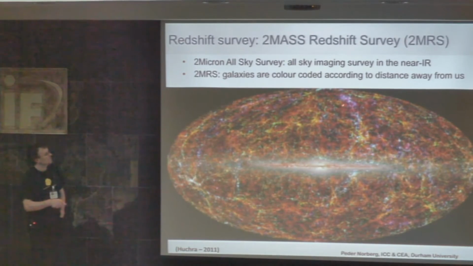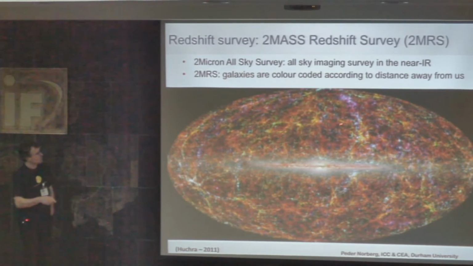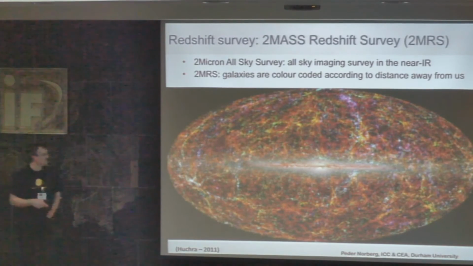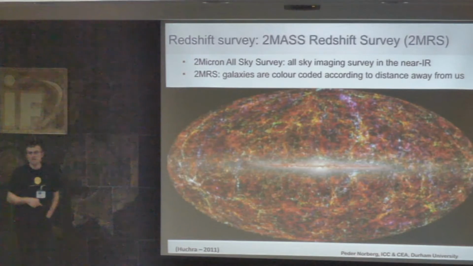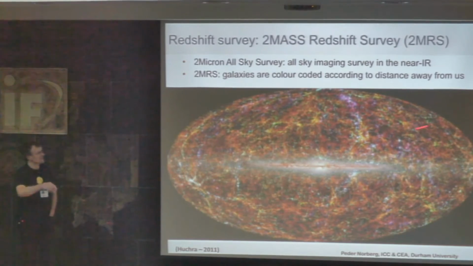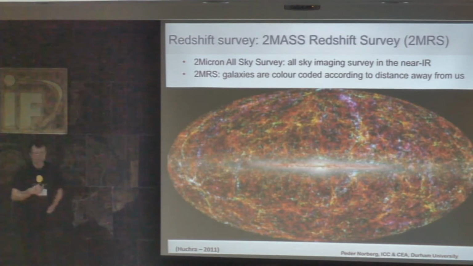Here they have been color coded according to how far away they are from us. And you can see the structures coming up in here, with the galaxy in the center. Now you might notice I vary randomly, like all observers love to do, the orientation of the galactic plane. Sometimes it's here, sometimes it goes like this. You just have to figure it out when you look at it. Yeah, that's just standard.